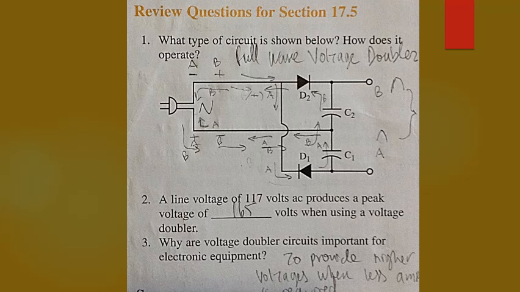The output is taken from across these capacitors in series. The output voltage is the sum of both voltages, or twice the input voltage.